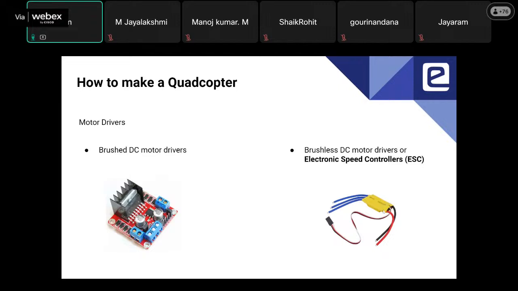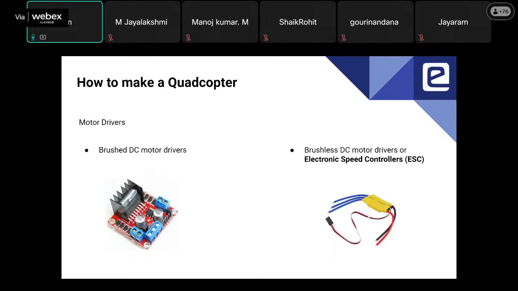In an ESC, you can see these red and black wires. These two wires will be connected to a battery. These three wires will be connected to the motor. It will be a three-phase signal. And this is the control signal which will be connected to the ESC. This control signal originates from the controller, which controls the movement of the motor.